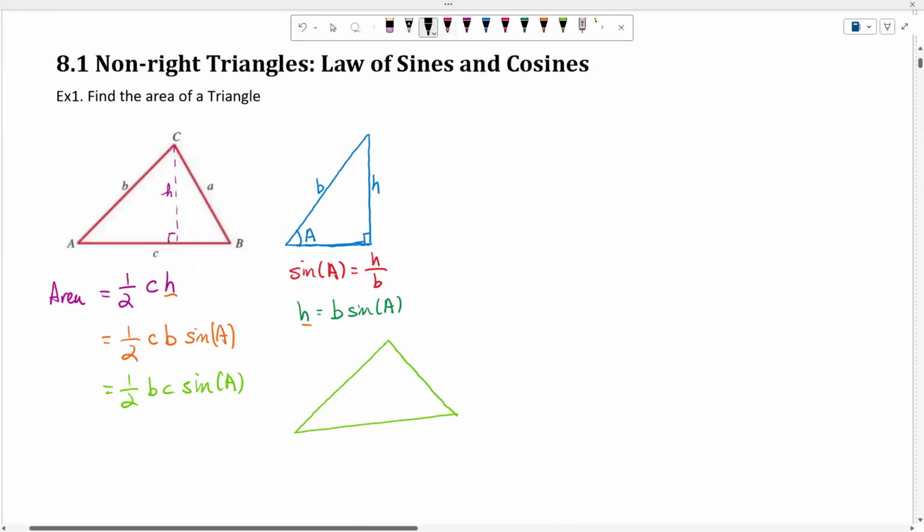First, we have the angle A, and we have the side B, and also the side C, where sides B and C are adjacent to the angle A. So if we have these three pieces of information, we will be able to find the area of the triangle.